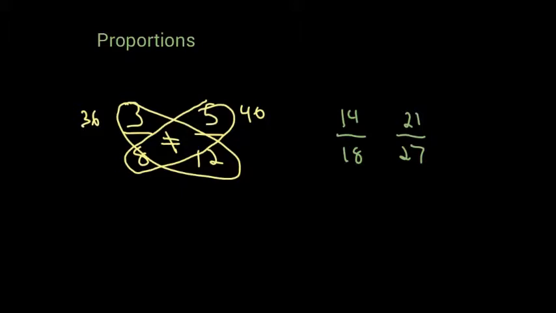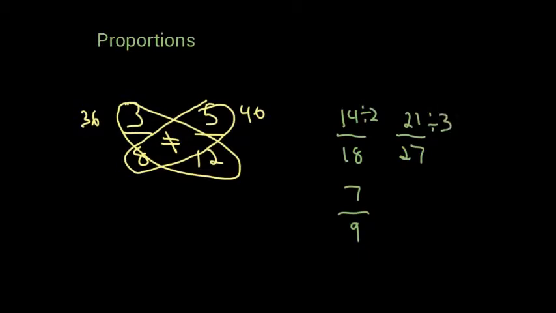So 14 over 18, I can divide both of those by 2. So that would be 7 over 9. And then 21 and 27, I can divide both of those by 3.